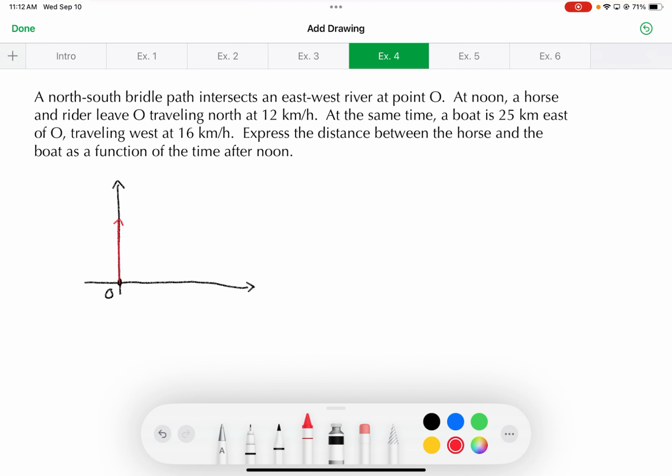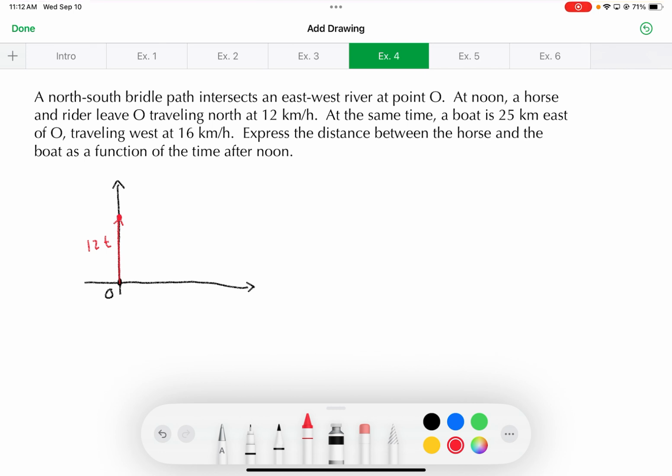So we need to generalize the situation for any amount of time. So we're going to say the distance he travels is 12t. If after 1 hour he would be 12 kilometers away, after 2 hours he would be 24 kilometers away, etc. Okay?